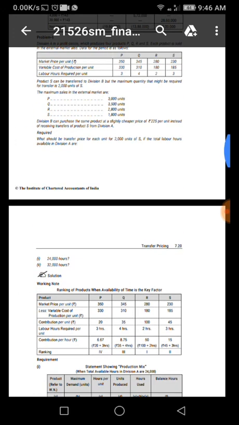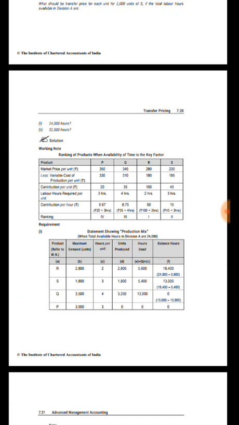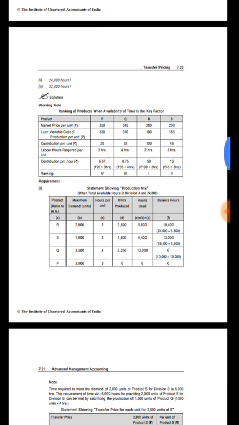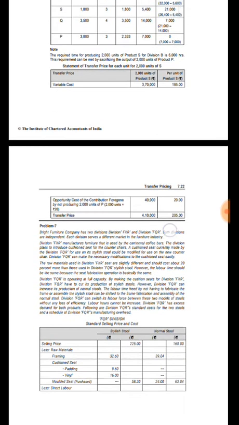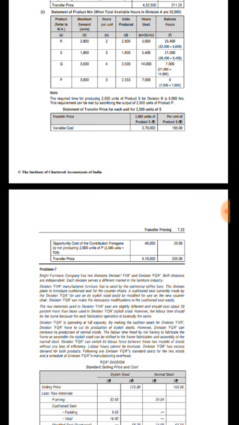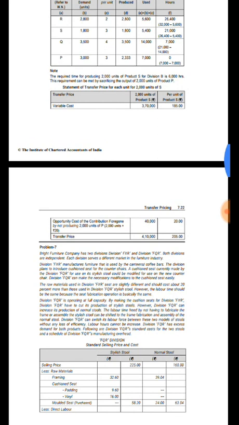External demand, not demand of division B, right? 6,000 hours are required. Because P also requires 3 hours, 6,000 hours divided by 3 gives 2,000 units. So 2,000 units into 20, we'll get 40,000, divided by 2,000, 20 rupees. So if you total, you get the transfer price.